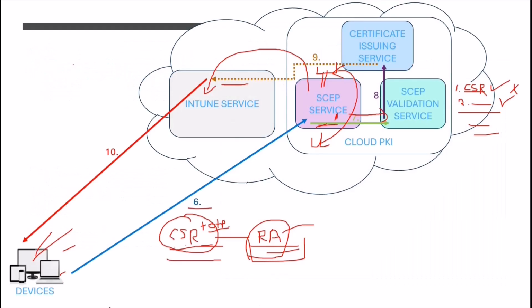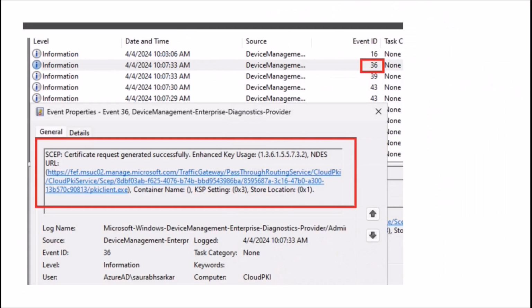Over here, as you see, after the CSR was generated, the device sent it to the SCEP service. So now we can see that the device is actually sending the CSR request to the SCEP service, and you can see the URL as well to which the request is being sent, and this is the event ID.